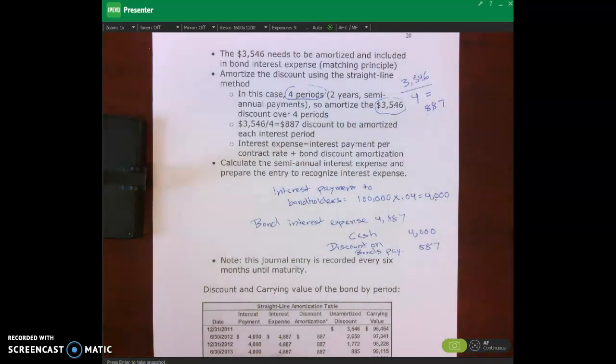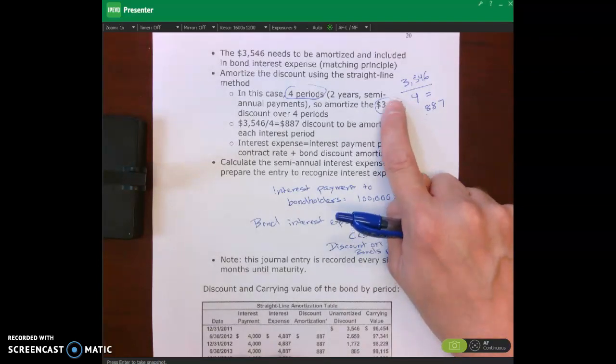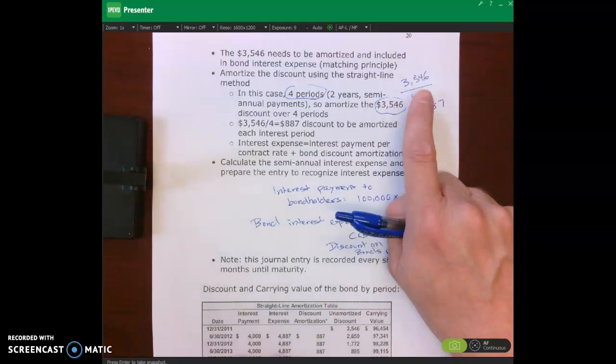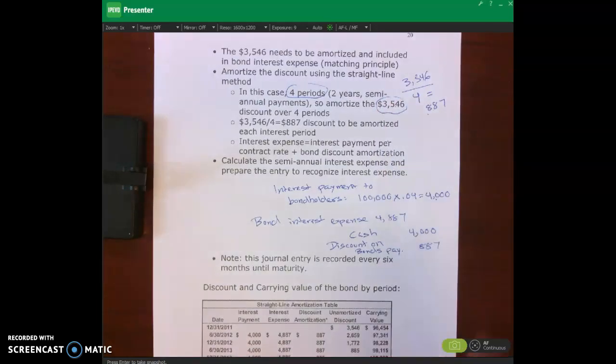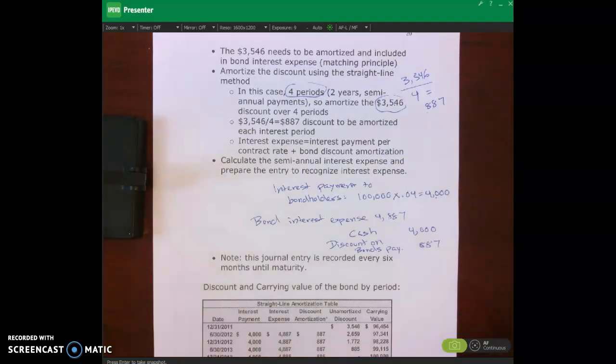We are using that cash of 96,454 that we get from issuing these bonds to generate revenue. And so we should, per the matching principle, take this discount, which conceptually is additional interest, and spread it out over the 2 accounting periods, which are the 2 years. Recognize some in the first year and some in the second year, because we're using that cash to generate revenue in the first year and the second year.